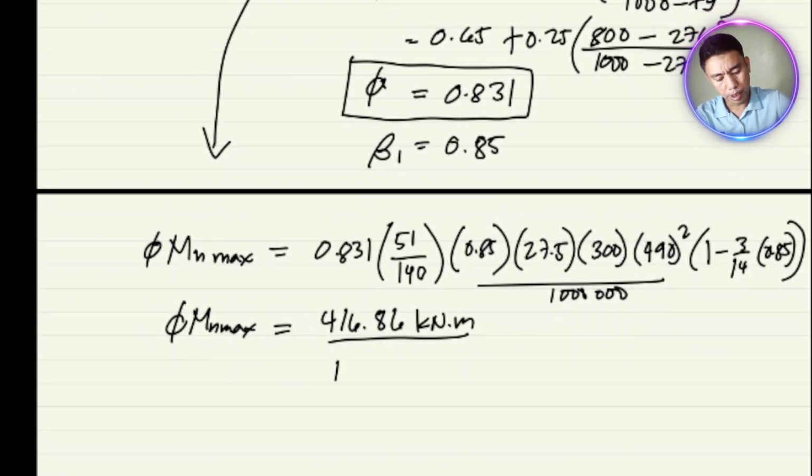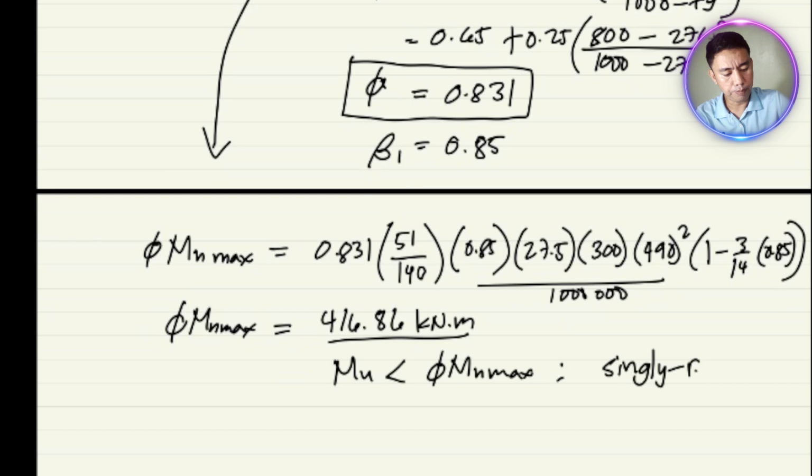Now we see here that our Mu is just 100. So Mu is less than phi Mn max. In that case, therefore, this is singly reinforced.